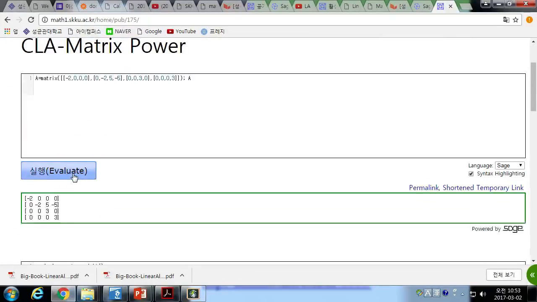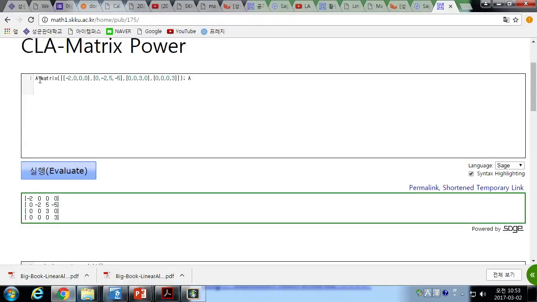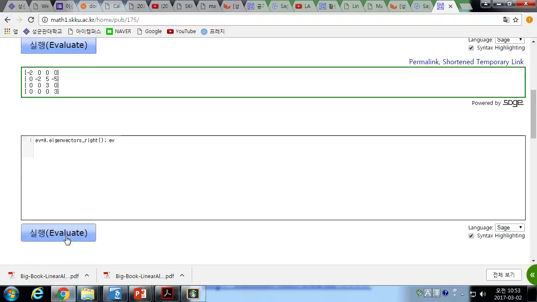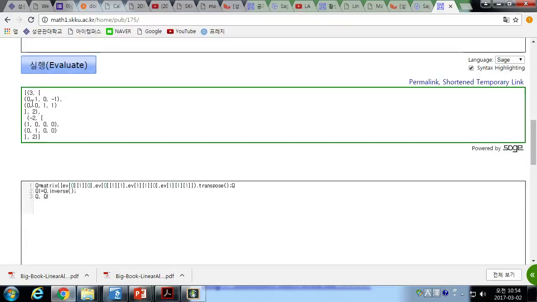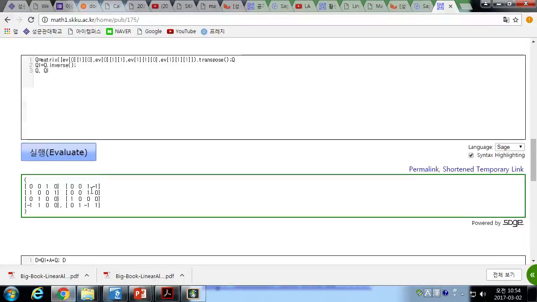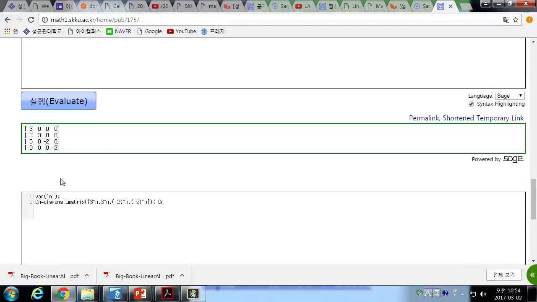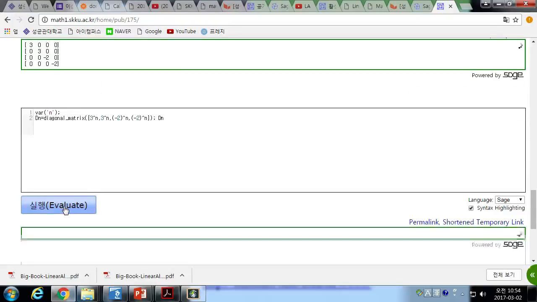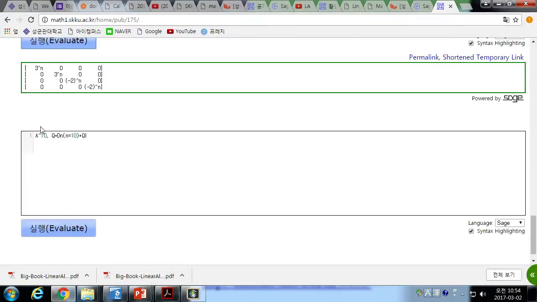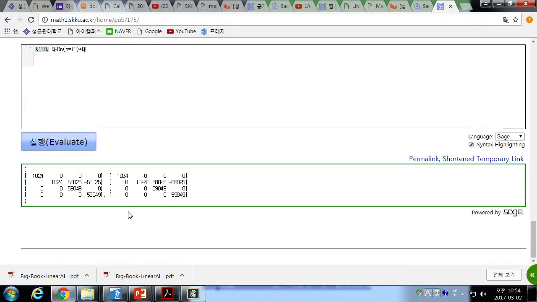For example, this is the power of matrix A. Then the eigenvalues of matrix A can be found here, and the eigenvalues and eigenvectors can be written in this way. Matrix diagonalization can be done here, so the 10th power of the matrix A can be computed in this way.